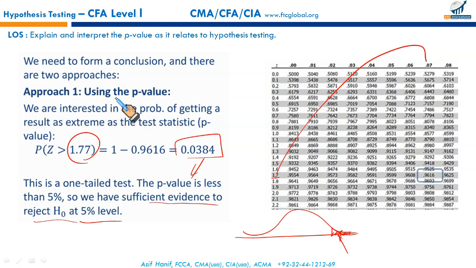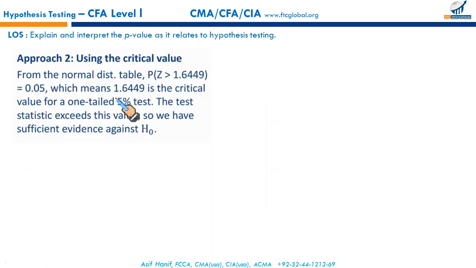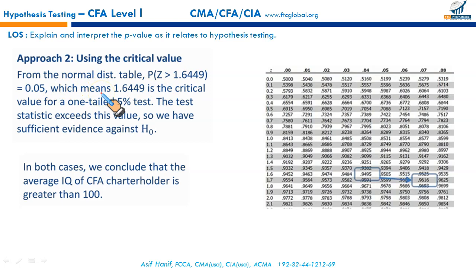We can alternatively solve it using the critical value. How does it work? We can calculate the 5% probability, that is 1 minus 5% gives you 0.95. If you look at the table in reverse order, 0.95 comes approximately at 1.64.